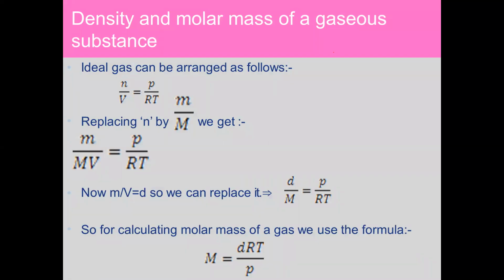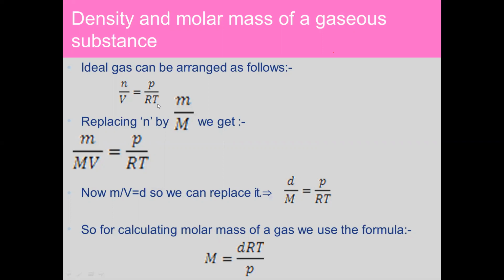Next is the relation between density and molar mass of a gaseous substance. We can write the ideal gas equation like this. Initially, we have PV is equal to nRT. We can rearrange it, so n upon V is equal to P upon RT.